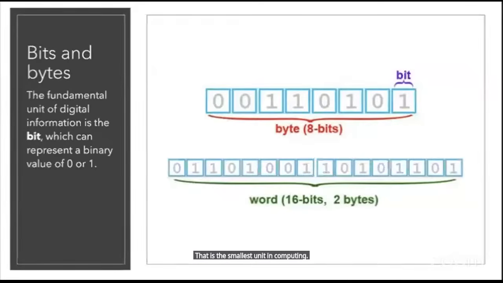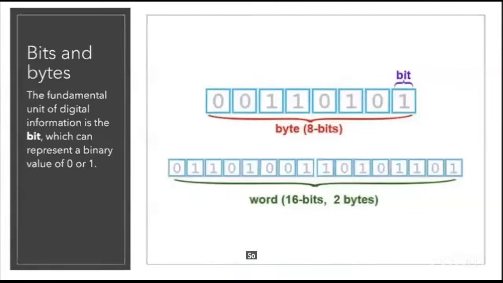And a byte, B-Y-T-E, is on your screen. It comprises 8 bits. So a bit can represent only 2 distinct values, 0 and 1, whereas a byte can represent 256 combinations. It is pure mathematics, that's 2 raised to power 8.